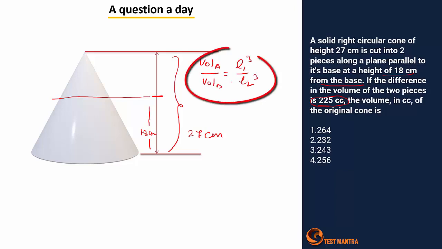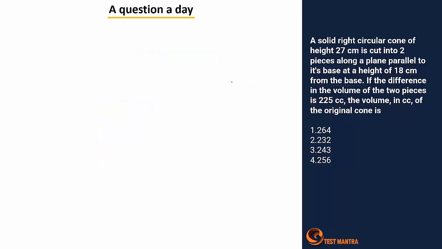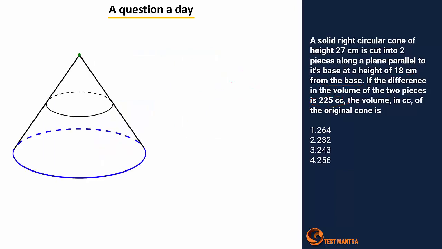Now this is an important part because this is the basic representation for similar figures, right? So now what's happening in this case, if I have taken the cut, my figure is like this.